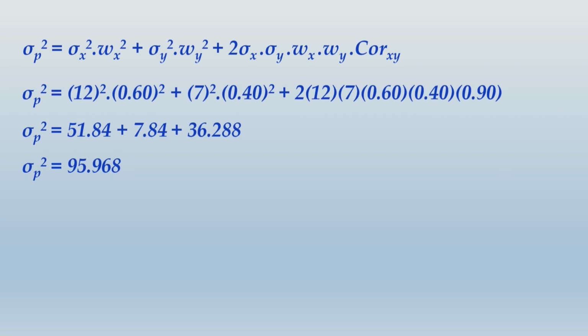Don't use percentage sign with the variance, keep that thing in mind. Sigma p squared indicates the variance of the portfolio returns, and the standard deviation of the portfolio will be the square root of the variance, that will be square root of 95.968, and the standard deviation of the portfolio comes to 9.796%. So please write up this whole thing and then I take you ahead.